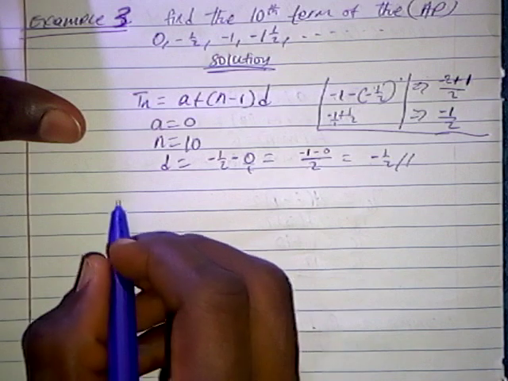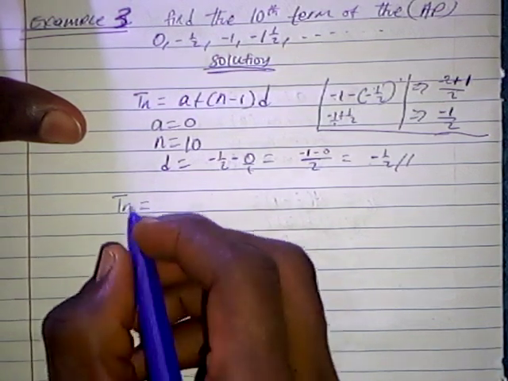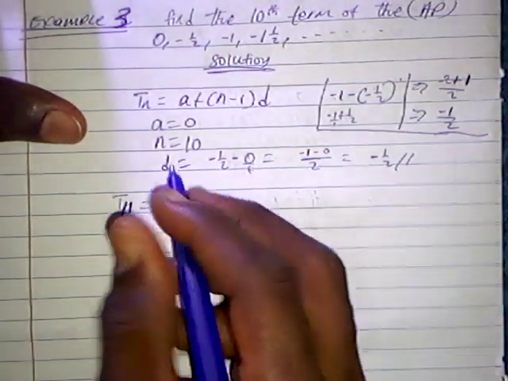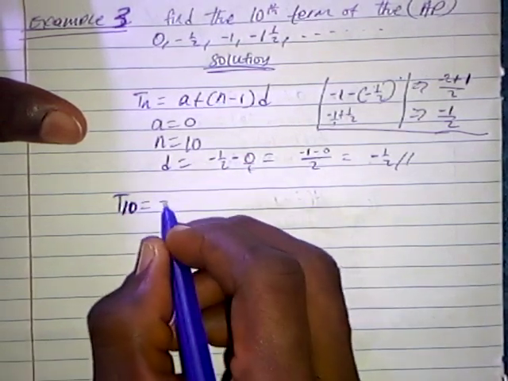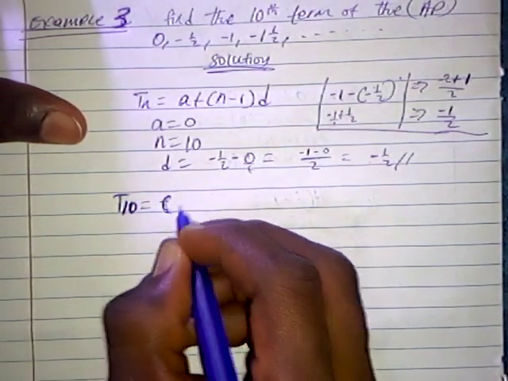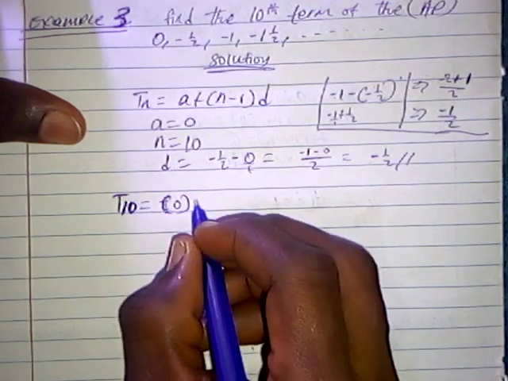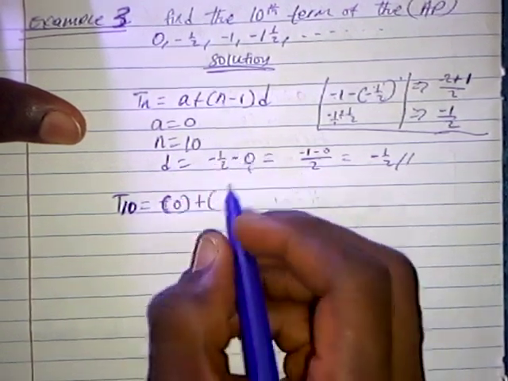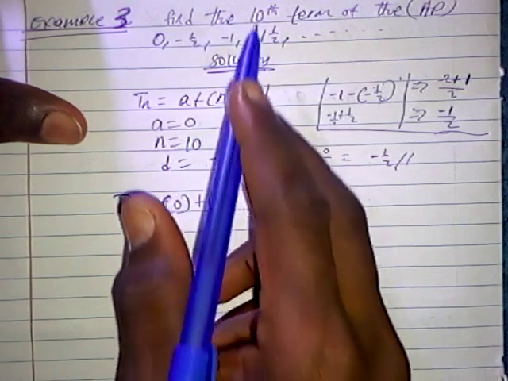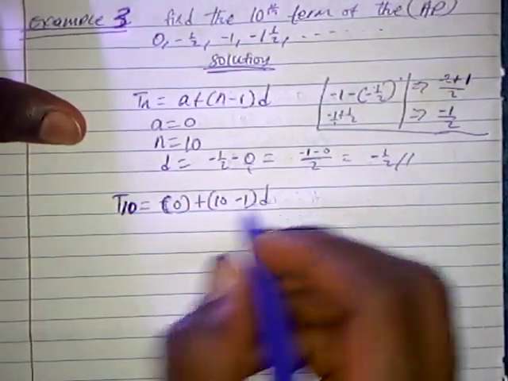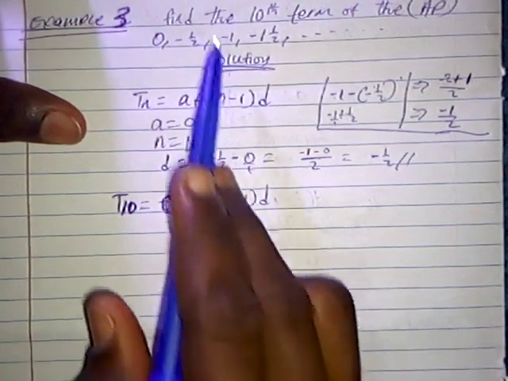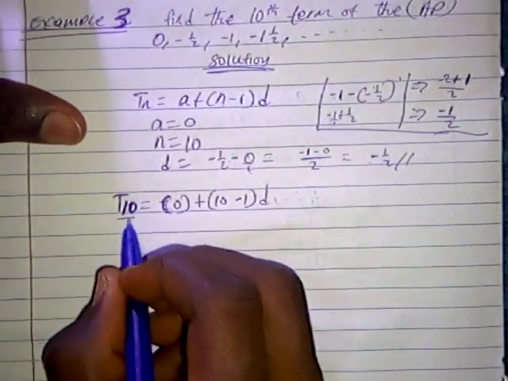We solve this. We say T10 is equal to, what is the first term? The first term is 0, plus bracket, what is the number of terms? It is 10. n is equal to 10, the number of terms, minus 1, times d. Always the number of terms will come from the question. Right? Take note.